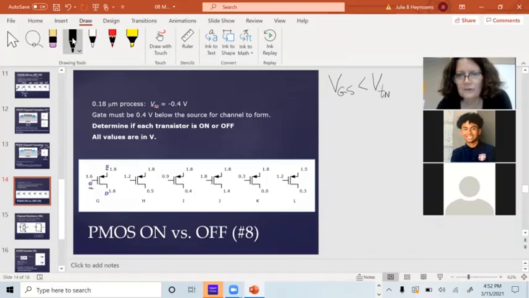If that is true, then this transistor is on. My VGS, VG minus VS in this case, is 1.6 minus 1.8. Is that less than negative 0.4? So this is negative 0.2, less than negative 0.4. That is not true, so it is off.